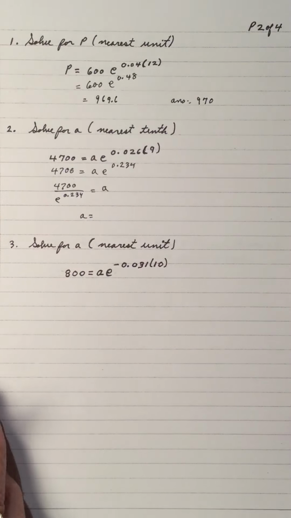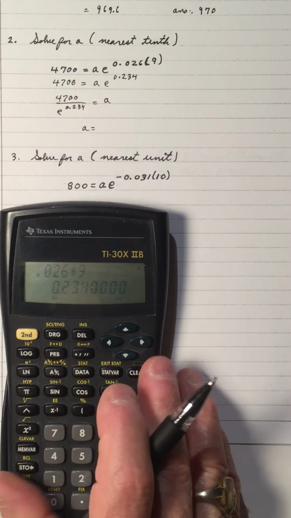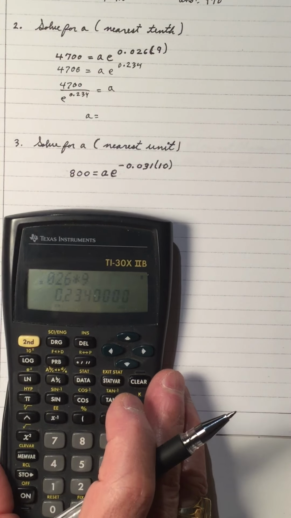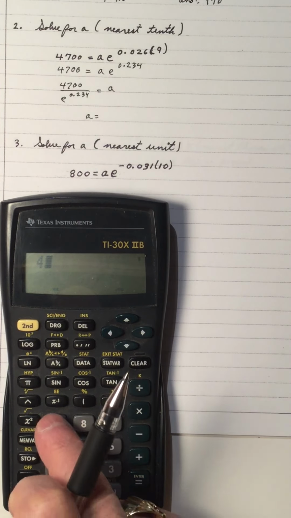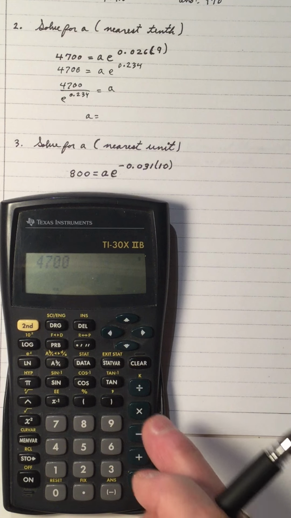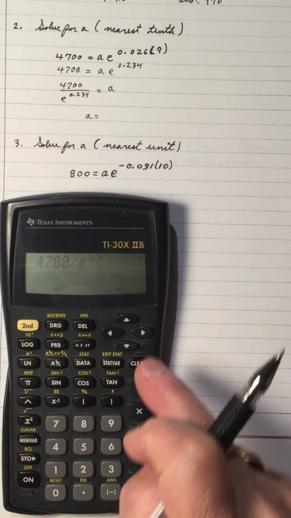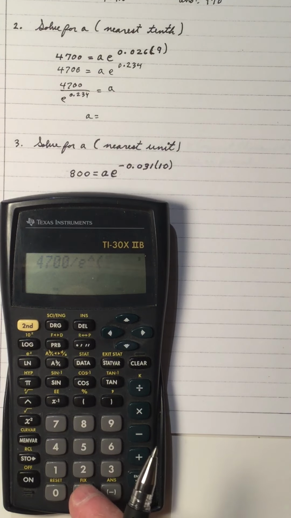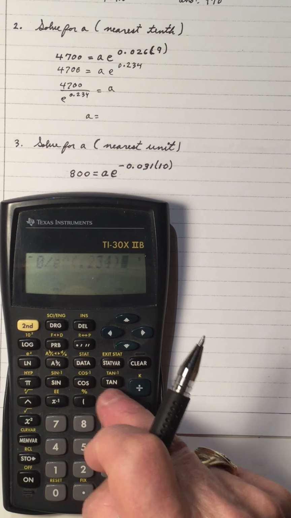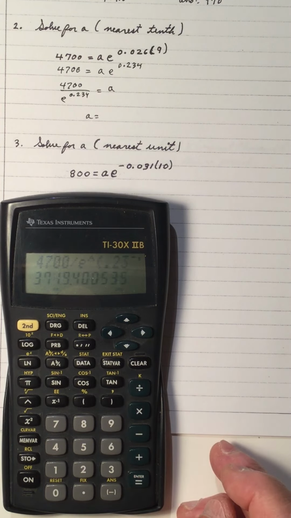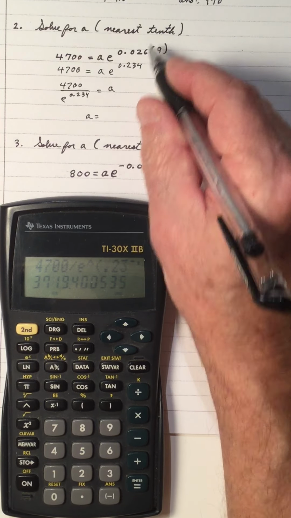So a is equal to 4,700 divided by e, second function ln, raised to 0.234, the 0 is not necessary. That brings us out to 3719.4 to the nearest tenth.